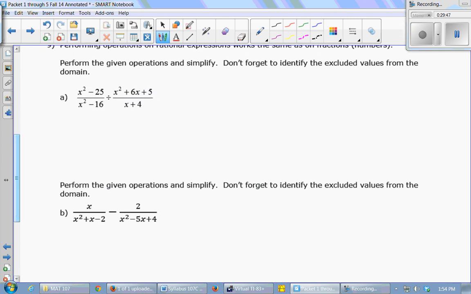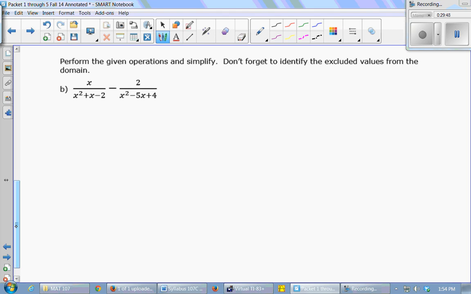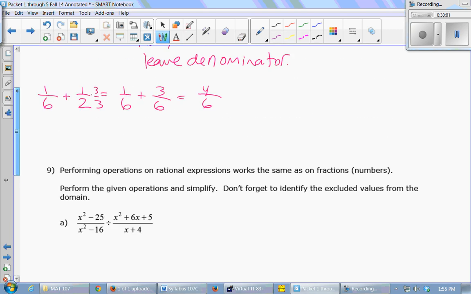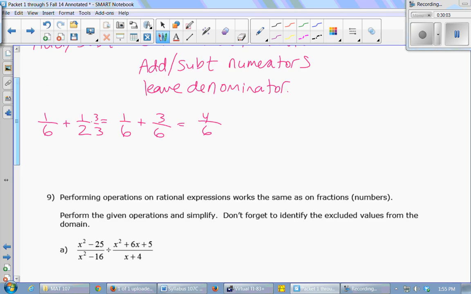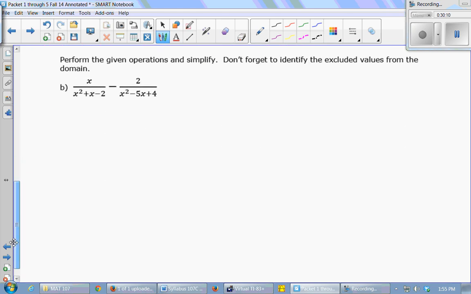All right, so let's do an equivalent kind of problem. I'm going to go to B here. It's a similar kind of problem, trying to subtract two fractions. I have to figure out the common denominator. To do that, factor everything. Just like in your head, when you looked at that 6, you factored it and said, oh, that's 2 times 3. You don't always write that out when you're dealing with numbers, but we're going to do that when we do rational expressions.